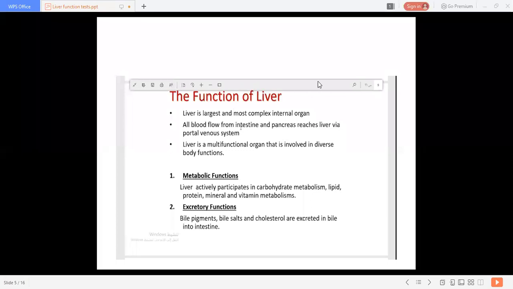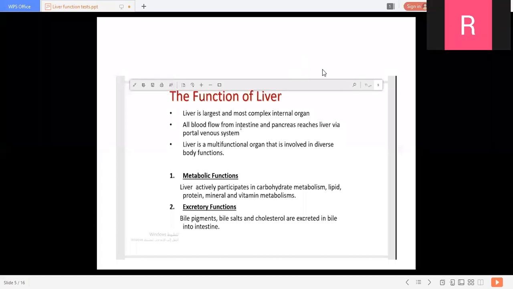As destruction of RBCs gives rise to bilirubin, it is also helpful to diagnose conditions like hemolytic anemia. So by evaluating the bilirubin values, we can judge diseases of the liver, any obstructive condition, or diseases of the blood, that is hemolytic anemias.